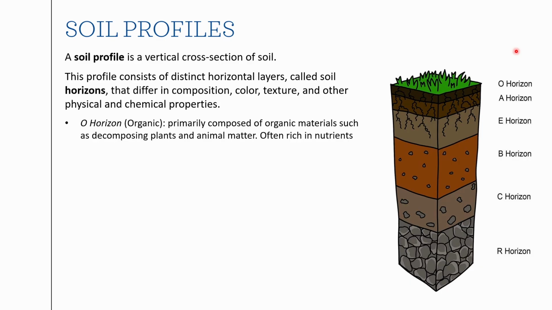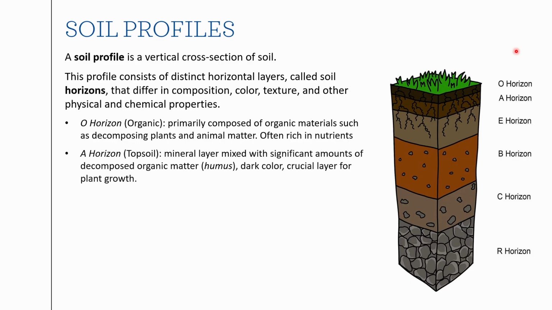The uppermost horizon in any soil bed is known as the O horizon, and the O basically stands for organic materials. So this is where in a forest you might see an abundance of leaf litter. In a lawn or a grassland you might see decomposing grasses as they maybe die during the winter. In a flower bed or your garden, this would be your mulch layer. So that's your organic material that is decomposing.